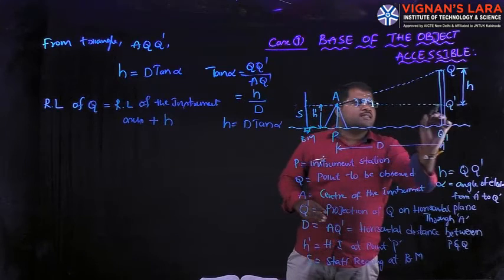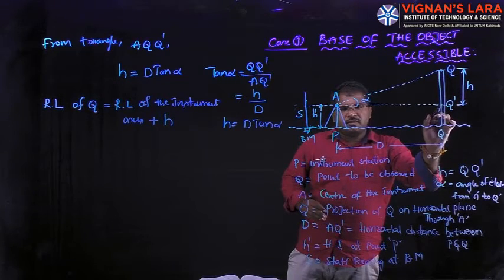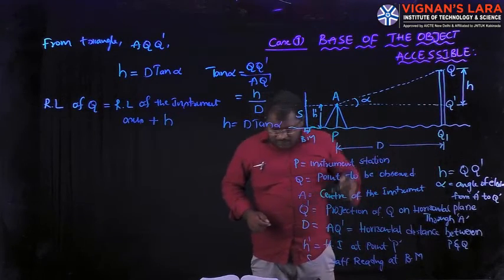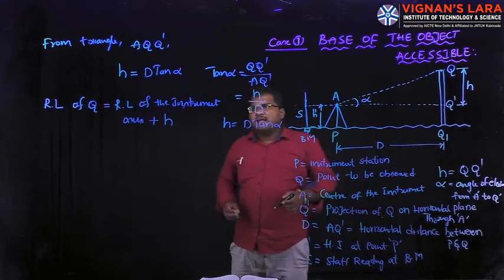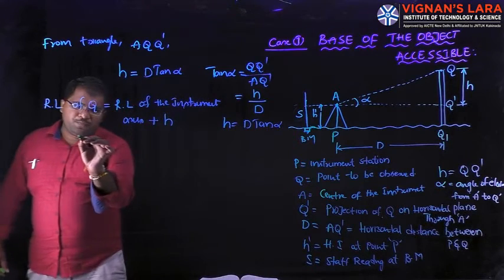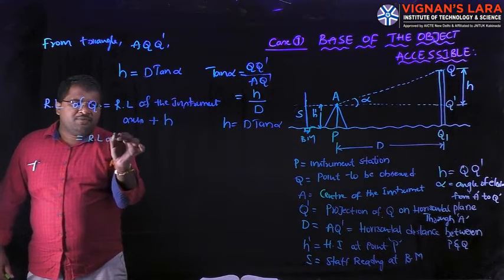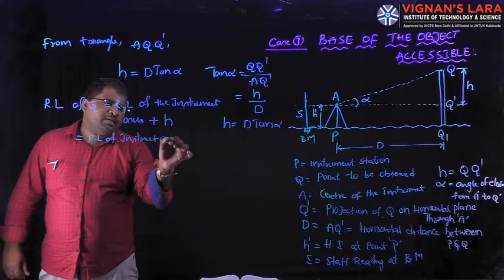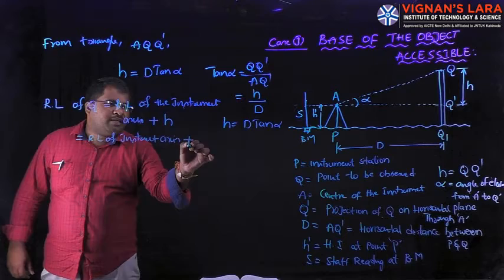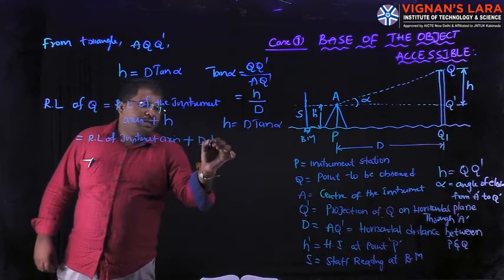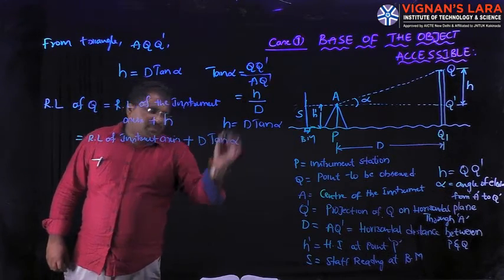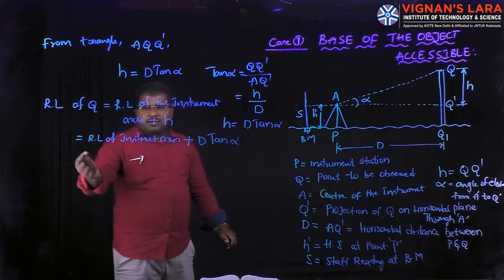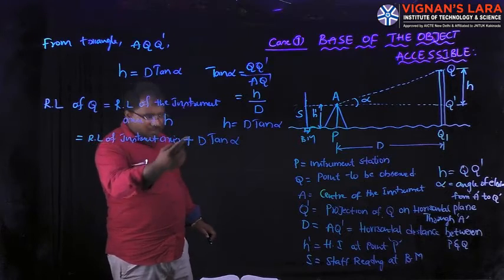RL of the instrument axis is this. Above this we have a small height of H. So this will be equal to RL of instrument axis, not instrument, it is instrument axis, plus H, where H is equal to D tan alpha, right? Now we need to know the RL of the instrument axis.